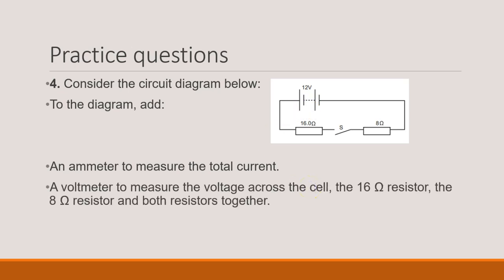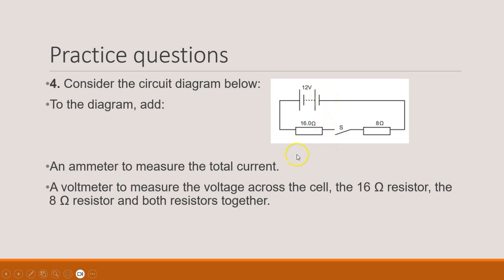A voltmeter to measure the voltage across the cell. Remember that a voltmeter is represented by a circle with a capital V inside it, and a voltmeter is always connected in parallel. So to measure the voltage across the cell, we have to place a voltmeter above the cell over here.